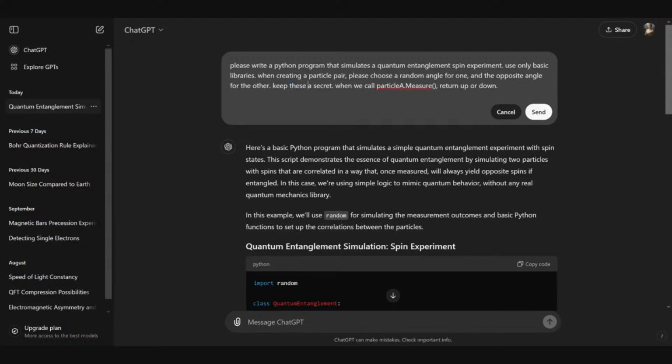Keep these a secret. When we call particle A measure, return up. So when we call measure with an angle, we have to tell it at what angle we're measuring.